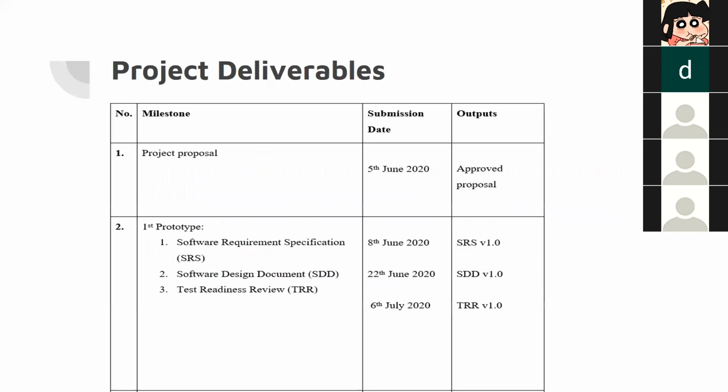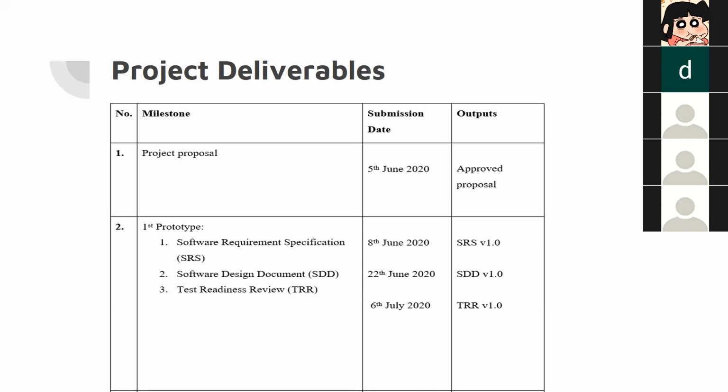So next is the project deliverable. First of all, we need to prepare the project proposal, which has a submission date of June 5th, 2020. For this, we need to get the approved proposal from our lecturer, Dr. Afizi. Second is the first prototype, which requires us to do the software requirement specification, to be done on 8 June 2020, which is our SRS first version.